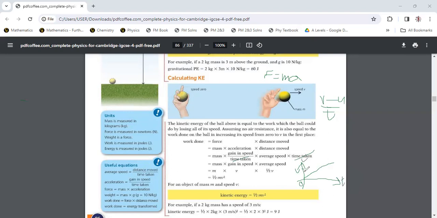So our average speed will be half v, which is why it's equal to half mv squared. When I learned kinetic energy back in the days, we didn't even learn why it was half mv squared. We were just given half mv squared. So this is a very good explanation on how to calculate this.